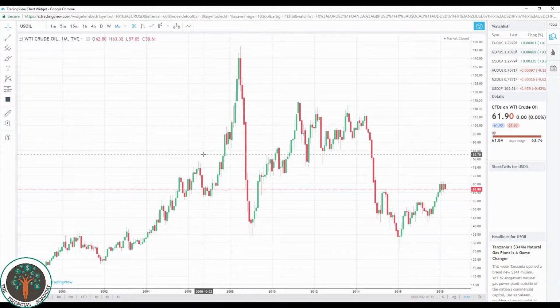Now, the oil is a commodity. It's being valued with dollars, and while the dollar lost strength, the oil was losing strength as well, meaning that we've got a larger impact on the oil prices because we were expecting the oil to climb up as the dollar was losing strength. That was the initial impact over here.